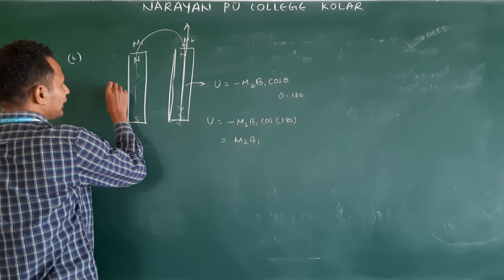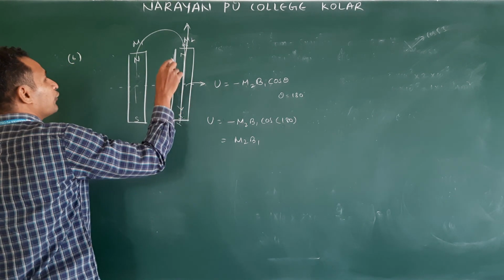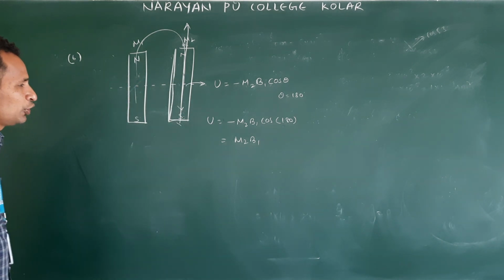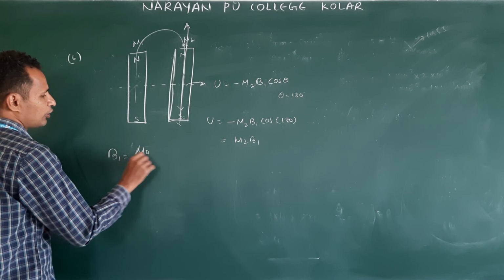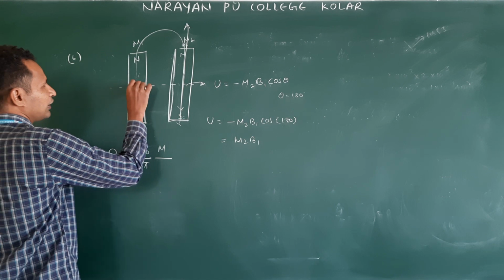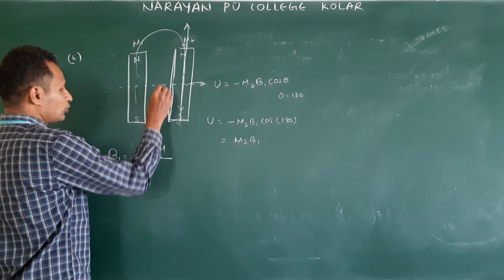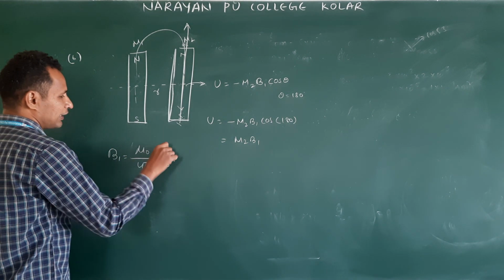B1 is the magnetic field produced by the first magnet. Where was this magnet? On the equatorial line of the first magnet. What is the equatorial line field? B1 is equal to mu naught by 4 pi, M1 by r cube. What is the distance between them, center to center? What did they give? r. So this is r cube. What is the magnetic moment of the first magnet?